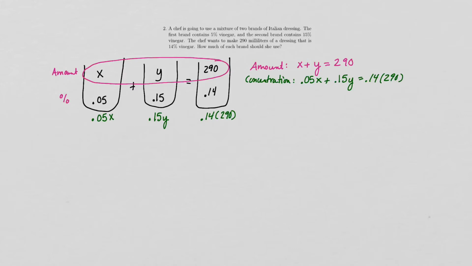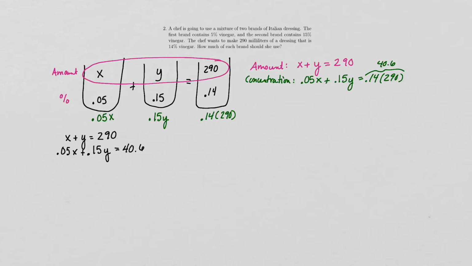And if you multiply 0.14 times 290, you end up with 40.6. And so again, now I have 2 equations. So x plus y equals 290. My second equation is 0.05x plus 0.15y equals that 40.6.